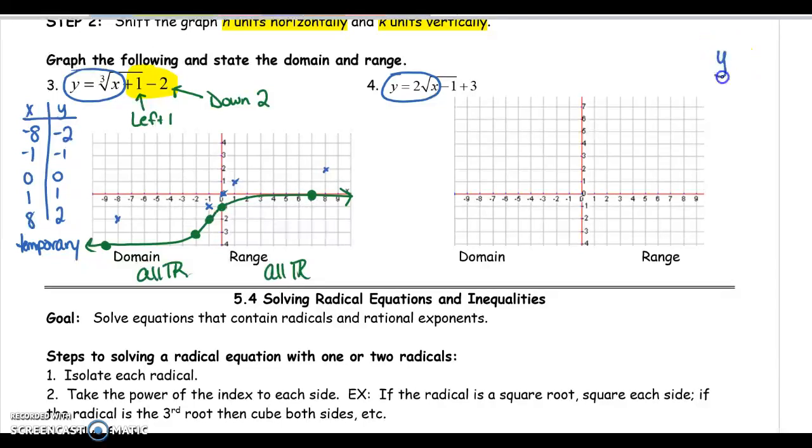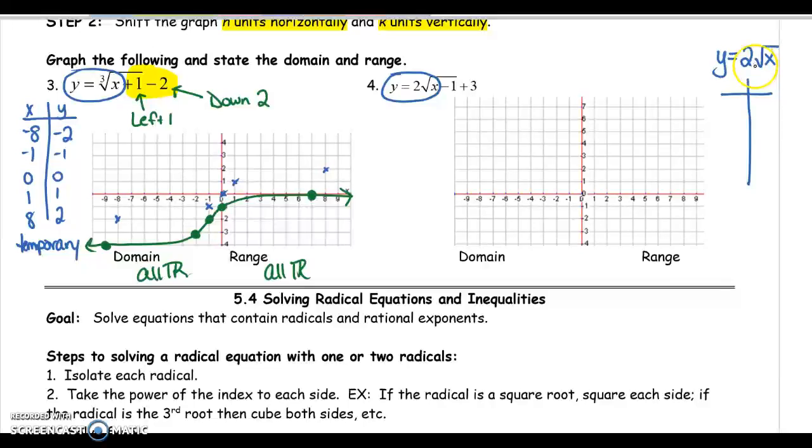So we are actually going to make a table of values for y equals 2 times the square root of x. The stretch will be taken into account in our table of temporary values. Then all we're going to have to do later is move this left or right, up or down based on the rest of that equation.